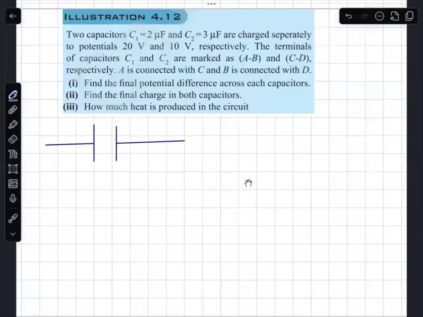This is your C1. This is C2. For a while, say you have some provision for a switch here.